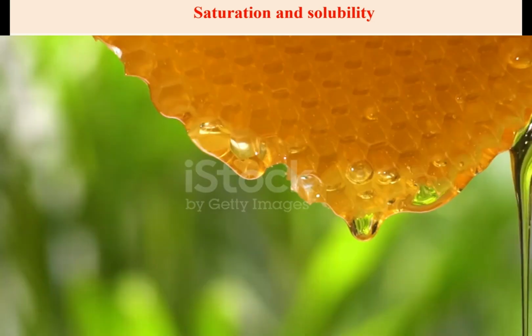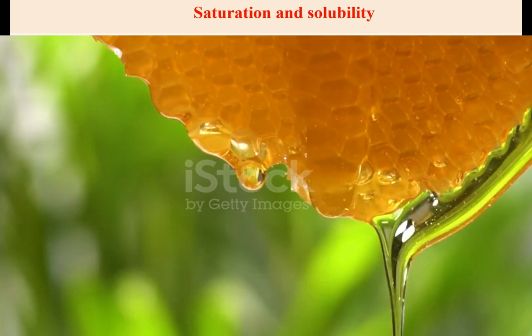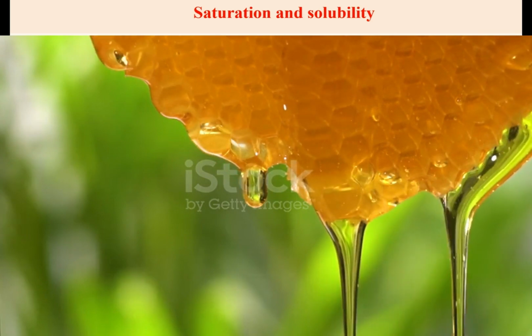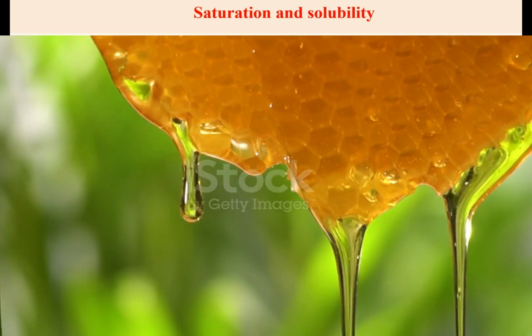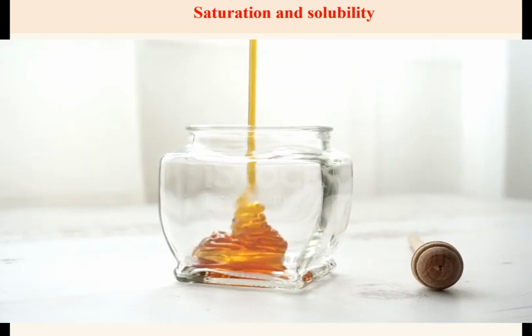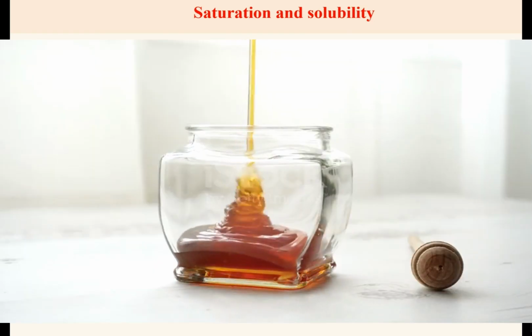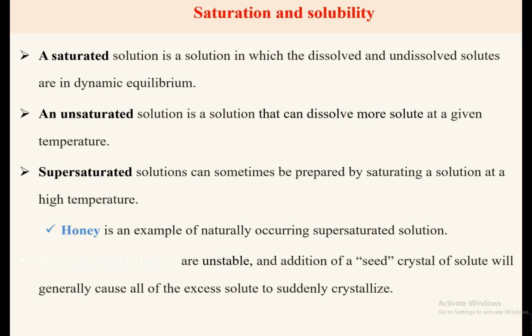Honey is a good example of a naturally occurring supersaturated solution. እንግዲህ ማርን ብትወስዱ naturally supersaturated solution ነው ብለን እንችላለን። Okay, supersaturated solutions are unstable, and addition of a crystal of solute will generally cause all of the excess solute to suddenly crystallize.